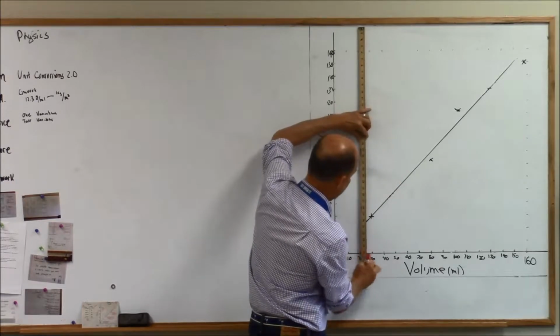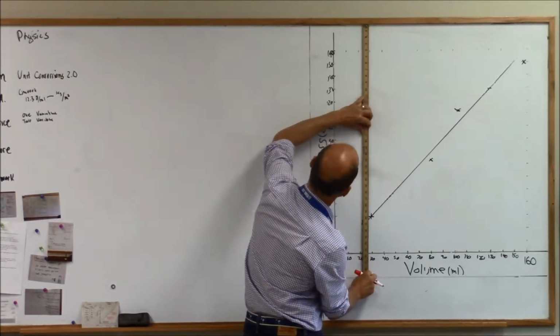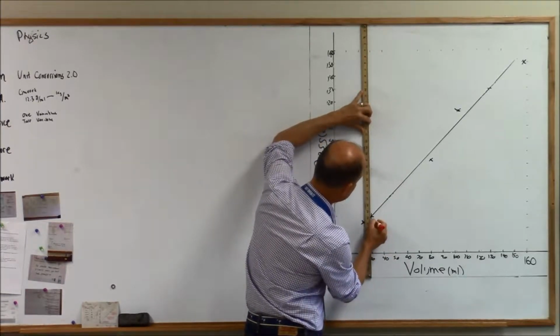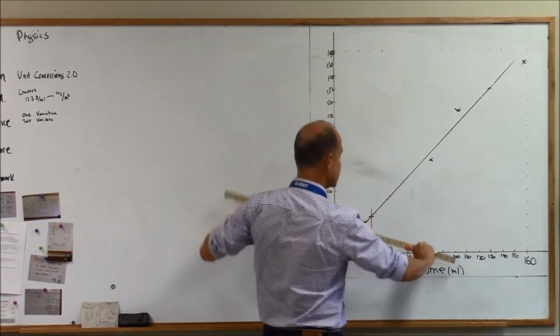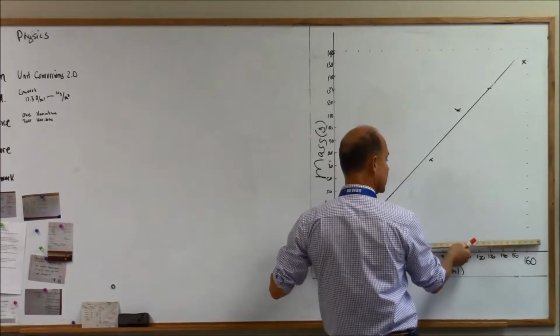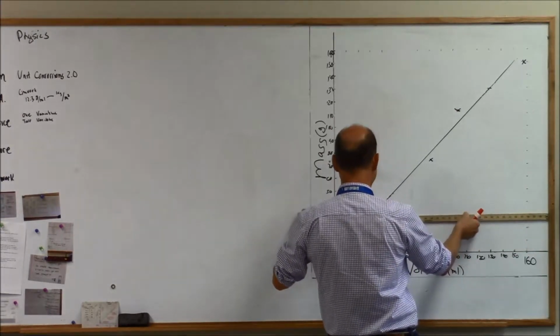For example, at my grid line, that's at 30. It intersects with my grid line at y equals 30.